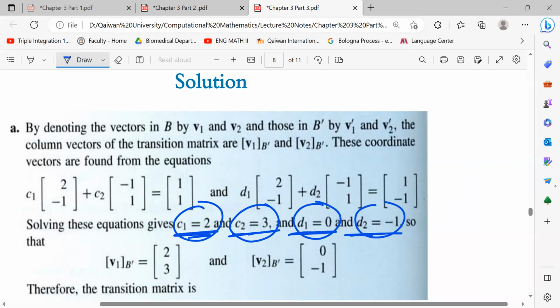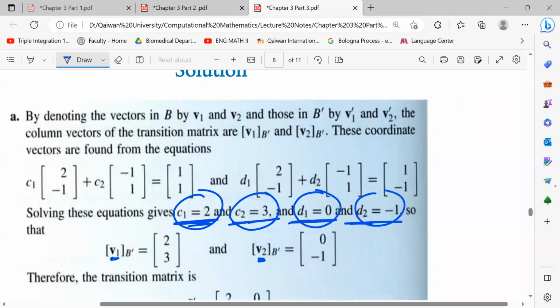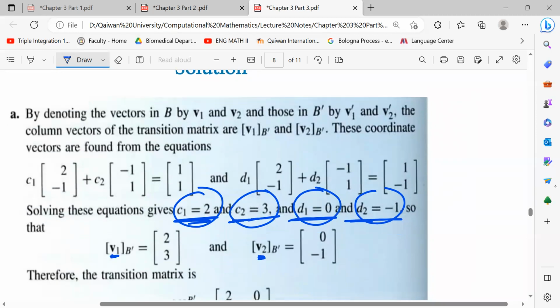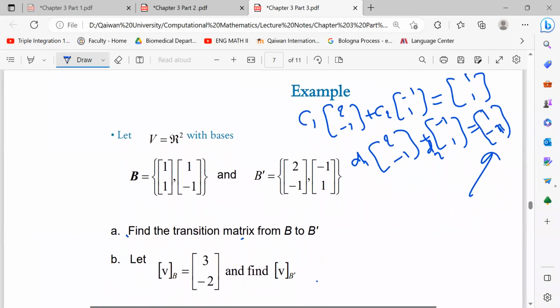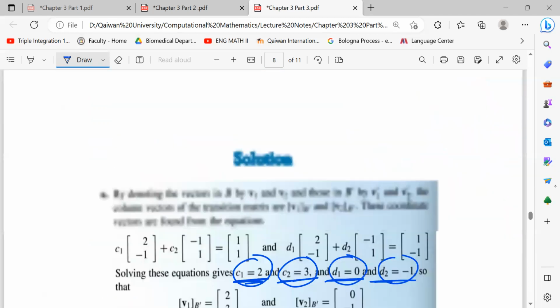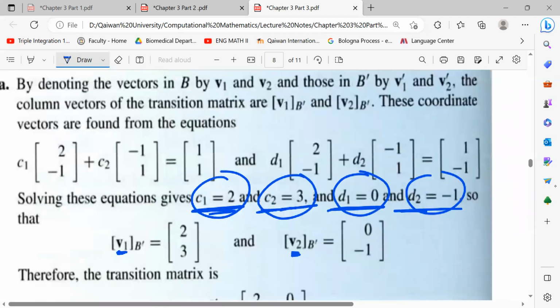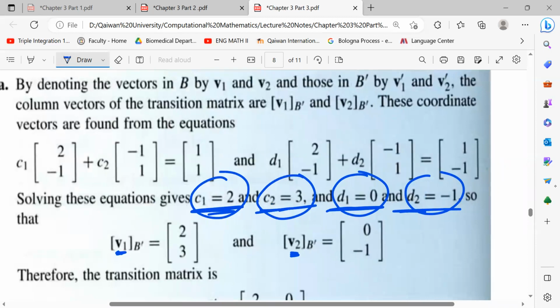Now, V1 and V2 are in V. The coordinates of V1 are the values of C1 and C2, which are 2 and 3.